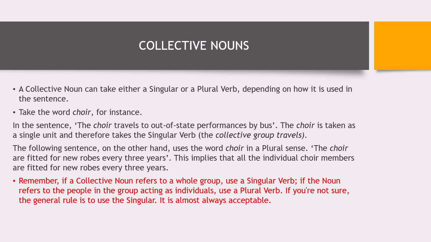The collective group travels. The following sentence, on the other hand, uses the word choir in a plural sense. The choir are fitted for new robes every 3 years. This implies that all the individual choir members are fitted for new robes every 3 years.